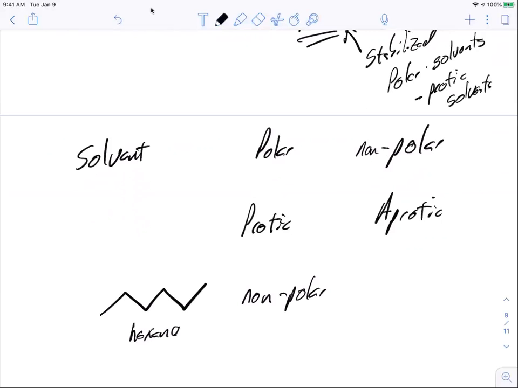Nonpolar. And protic, aprotic, what do you think protic means? Available proton. It has available protons in it. Are there any available protons in hexane? Well, there's lots of hydrogens, but is a hydrogen attached to a carbon available? Is it acidic? No. And so it's going to be aprotic.